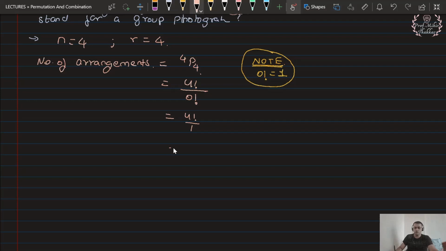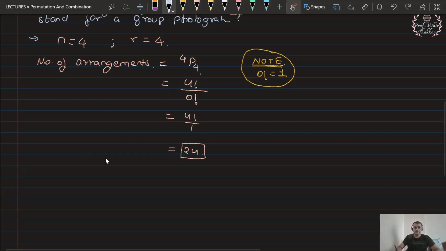Now when I want to calculate 4 factorial, I have to multiply 4 into 3 into 2 into 1. 4 into 3 is 12, 12 into 2 is 24, and 24 into 1 is again 24. So there are basically 24 different ways in which you can arrange the 4 friends for a group photograph. Okay, that is one example.